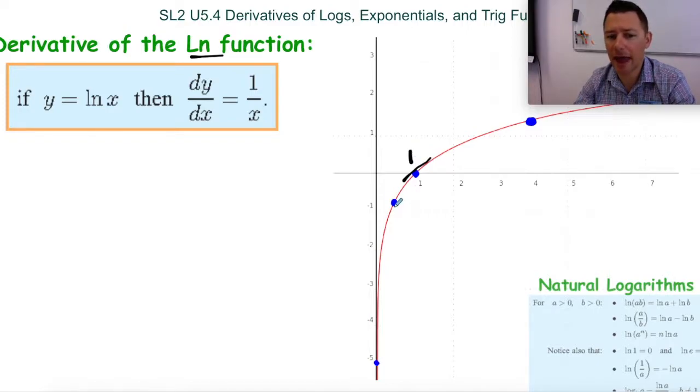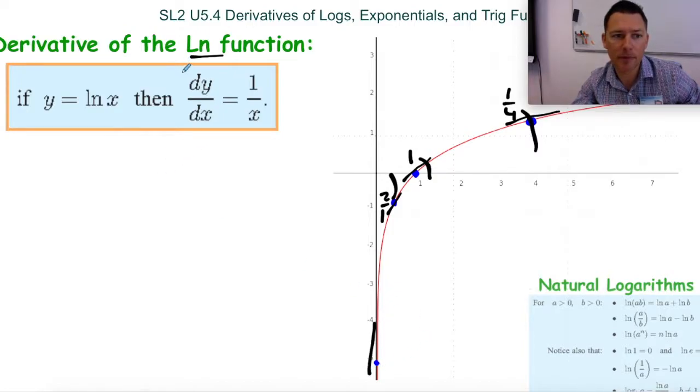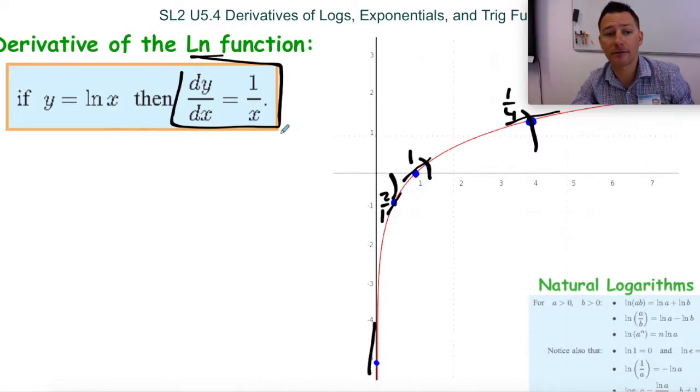If you picked a half, this has a slope of 2, or maybe you call it 2 over 1. If you picked 4, this has a flatter slope. This is a slope of 1/4 at 4, 1 at 1, 2 at 1/2, and here it goes down to infinity. This is the case then that you have this inverse of the x value.